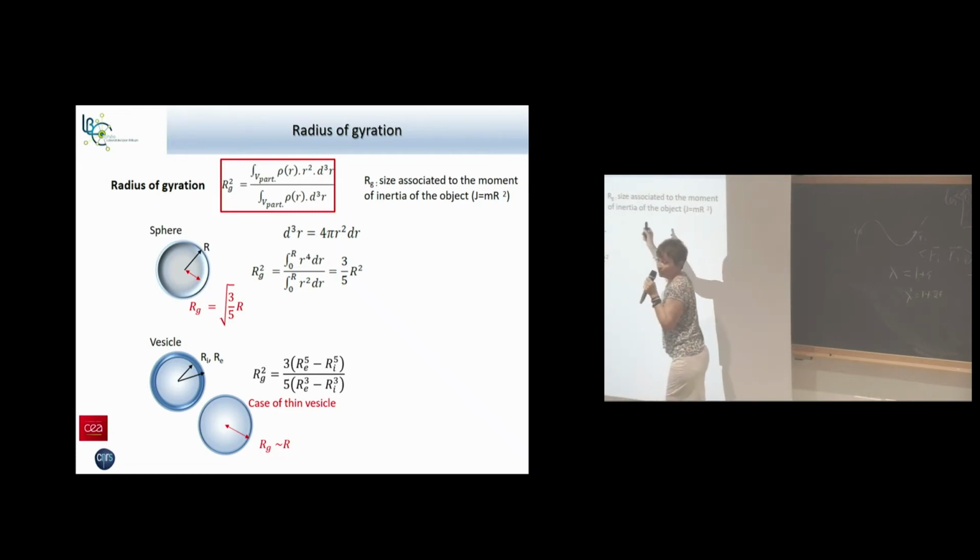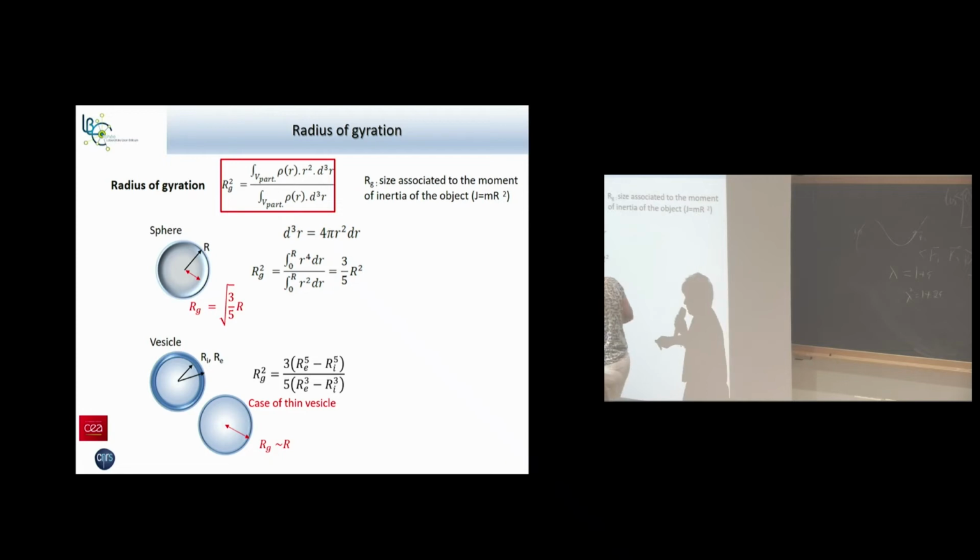It's like a moment of inertia that you learn at school. For the sphere, the volume is this, so Rg is a sum of R to the 4 over R squared. You can play, and you find that Rg squared is equal to 3 over 5 times the radius of the sphere squared.